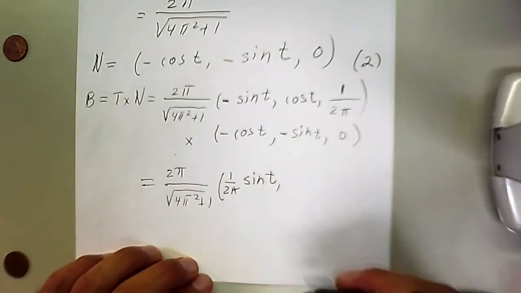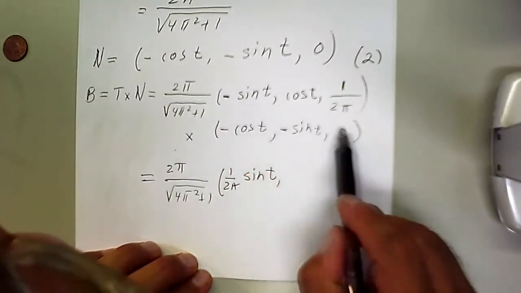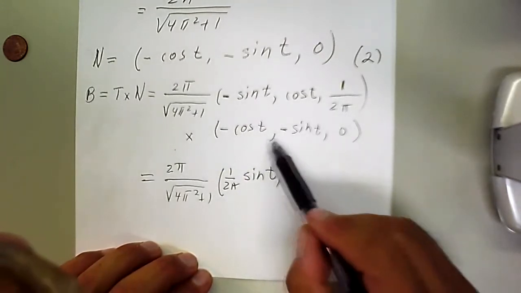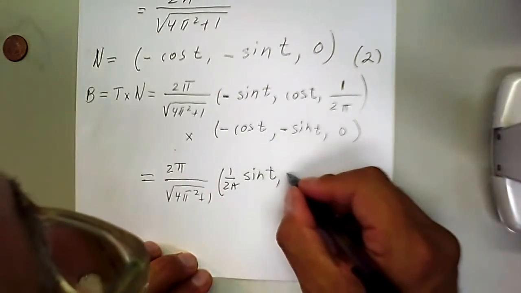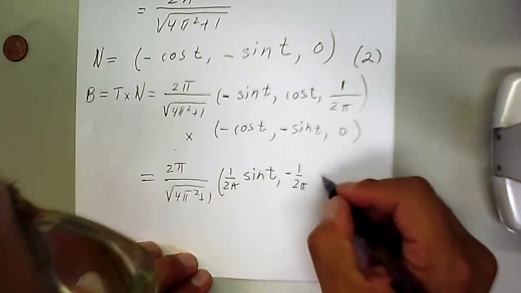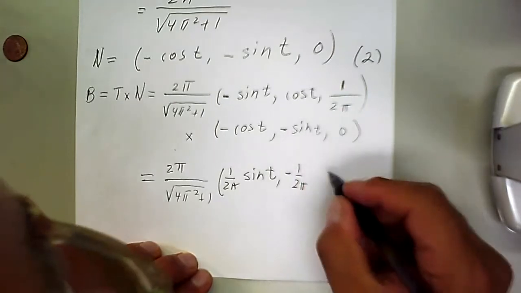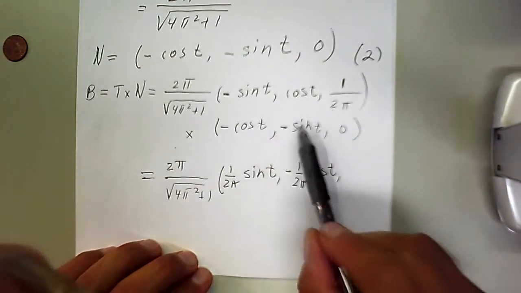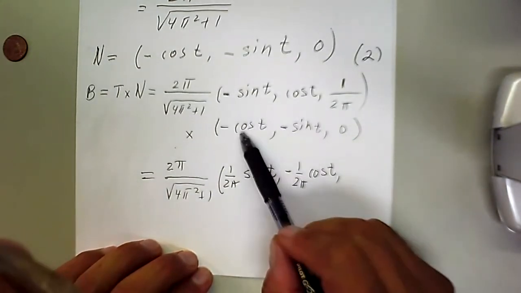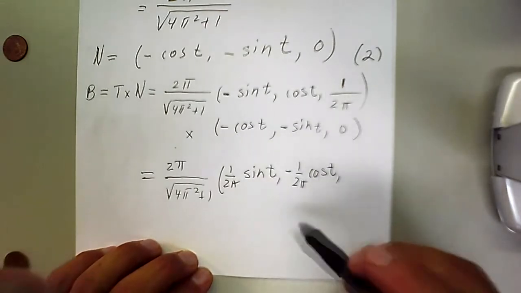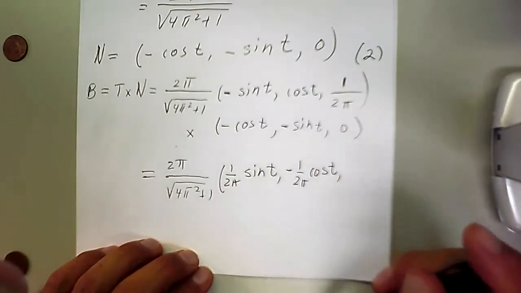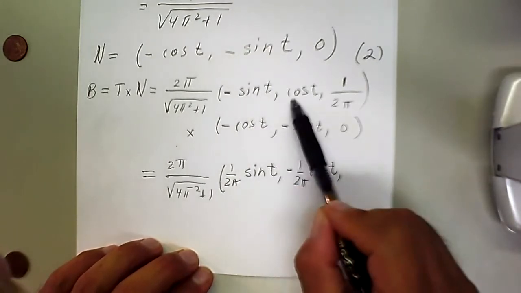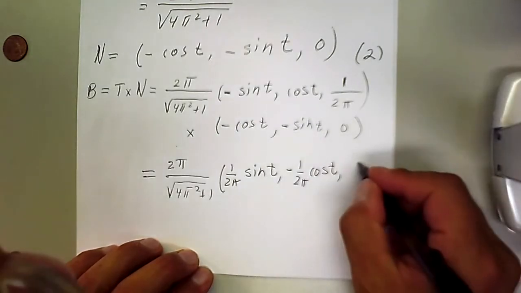Then we're going to have 0 plus this, but because this is the middle coordinate, we're going to put a negative 1 over 2 pi cosine of t. Let me verify that. We got 0 plus, yes. And then the last coordinate of the cross product would be sine squared plus cosine squared. So that is going to give us 1.